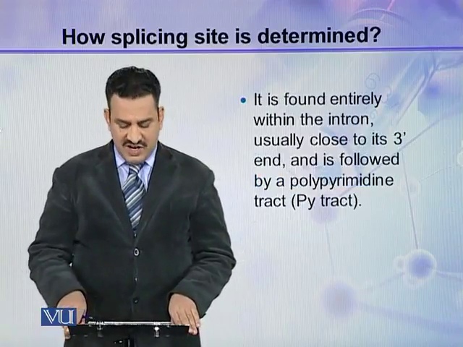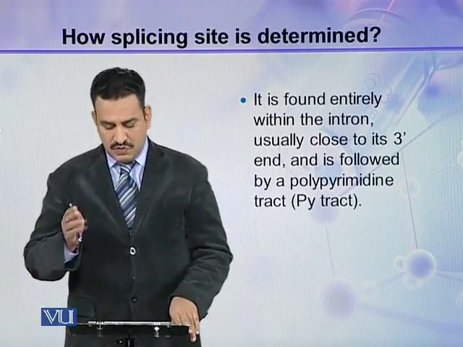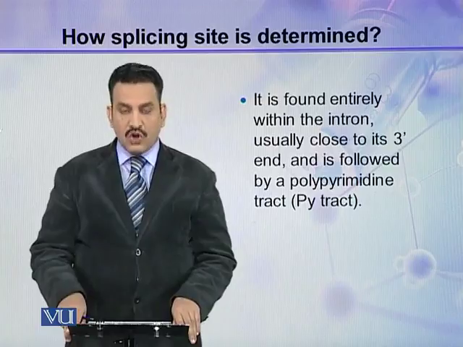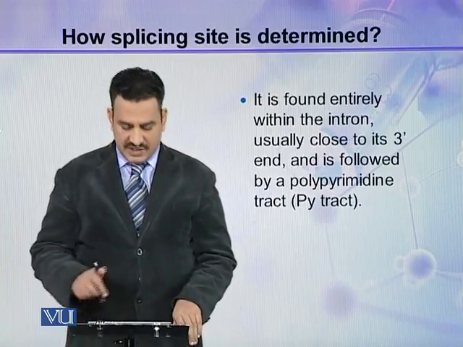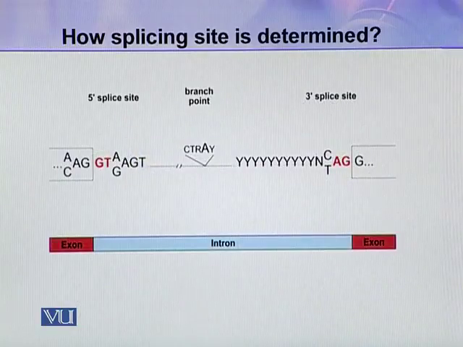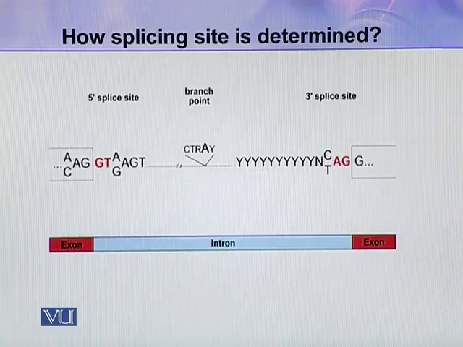It is found entirely within the intron, usually close to its 3' end, and is followed by a polypyrimidine tract, that is the PY tract. So here again you can see in the center the branch point sequence, and then it is followed by the PY tract. So this is an important sequence.